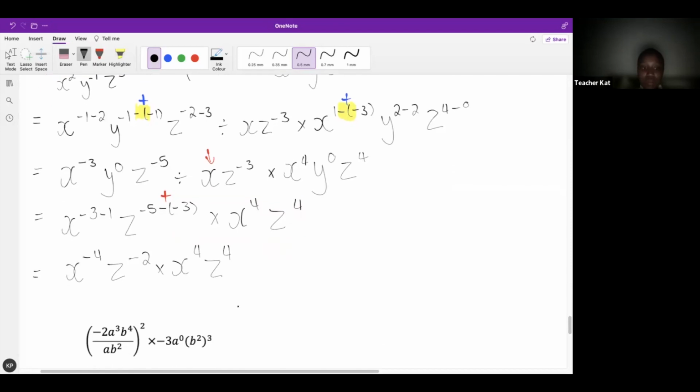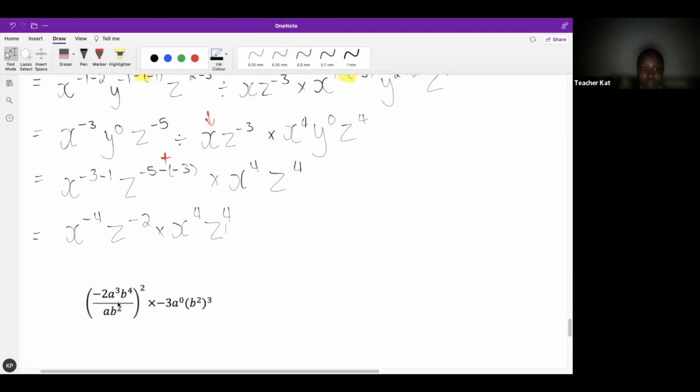Now we are in the final step where we are multiplying. When you multiply, what do you do with the exponents? We add, so it's going to be x to the power of negative 4 plus 4, and z to the power of negative 2 plus 4. What is negative 4 plus 4? 0.